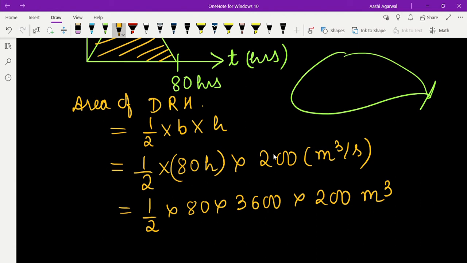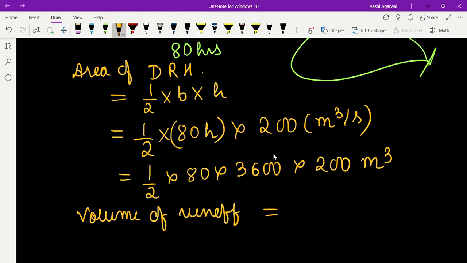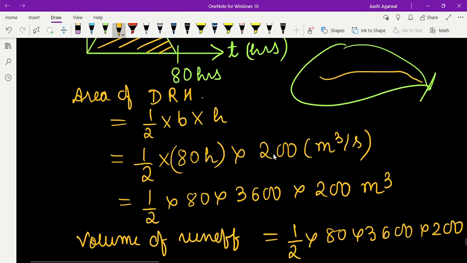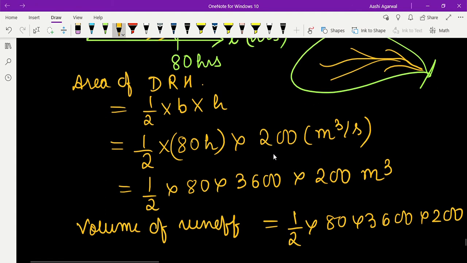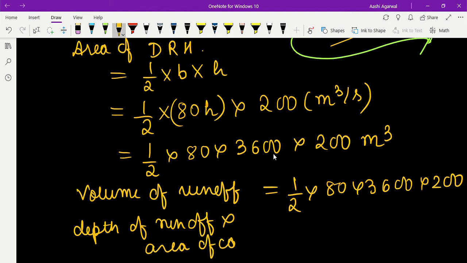So the volume of runoff is equal to this much meter cube. Also, this volume has been generated from this catchment, and the catchment area is given. So can I not write volume of runoff as depth of runoff into the area over which this runoff has been generated?